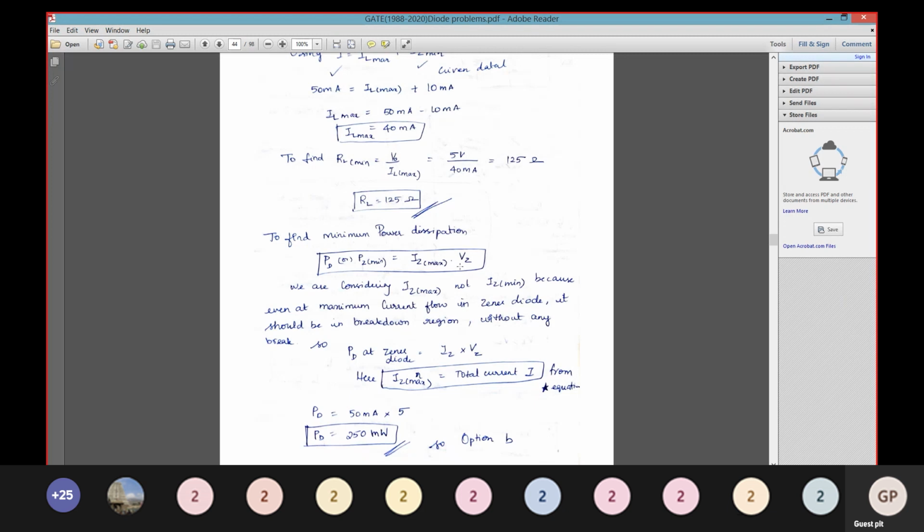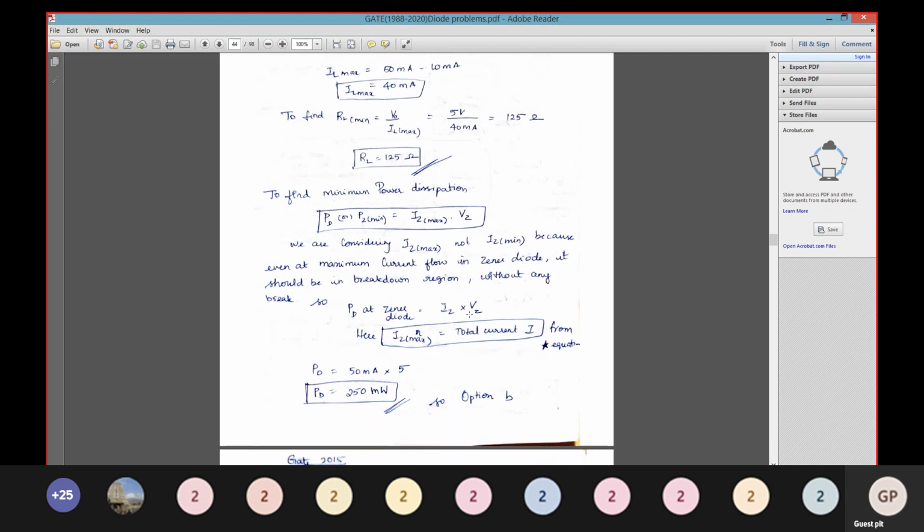Power dissipation P_D is I_Z into V_Z. I_Z here is the total current I from your equation, which we already found to be 50 milliampere, and the voltage is 5. Multiplying, we get 250 milliwatts.